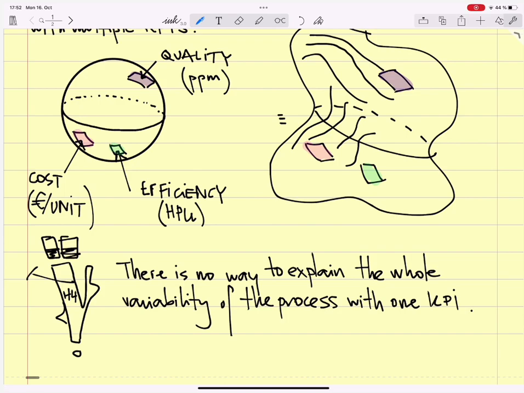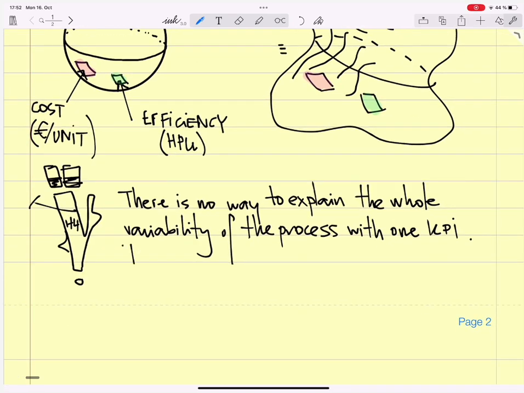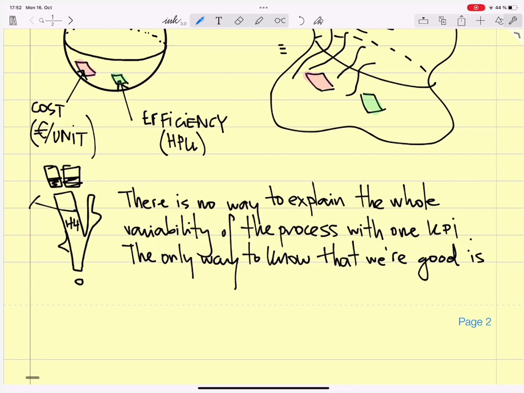Okay? The only way to know that we're good is by looking at several KPIs.